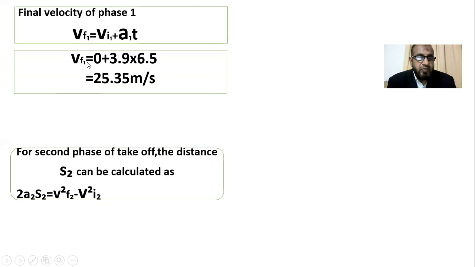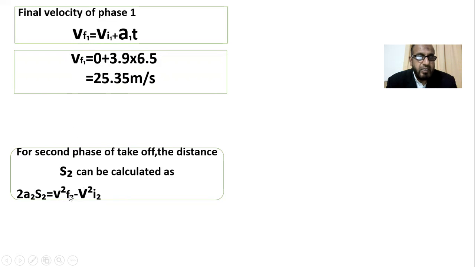So Vf1, the final velocity of the aircraft for the first phase, will be taken as the initial velocity for the second phase. So Vi2 will be taken equal to Vf1 of the first phase.